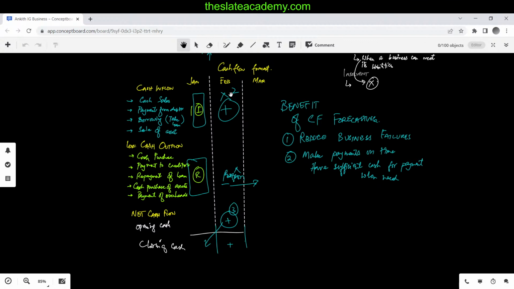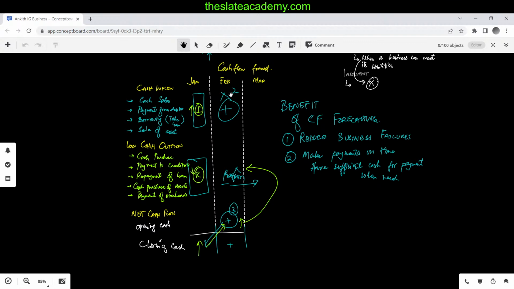If my cash inflows increase and my cash outflows decrease, my closing cash would increase, which would mean for the next month, my opening cash is increased. And from this, I'll be able to fund this. So all this I will be able to plan only when I have all these future projections and forecasts of when the cash is inflowing into the business and when the cash is outflowing from the business.